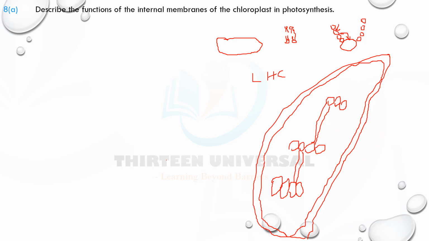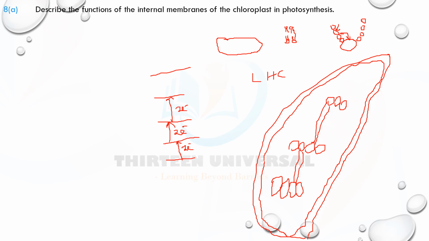It is where photoactivation or photoexcitation of surface electrons occurs. So the primary pigment is where electrons are excited. They move from a lower energy level to a higher energy level as they absorb light or photons. So these surface electrons jump from one energy level to another. That's photoexcitation. I'm showing you photoexcitation.